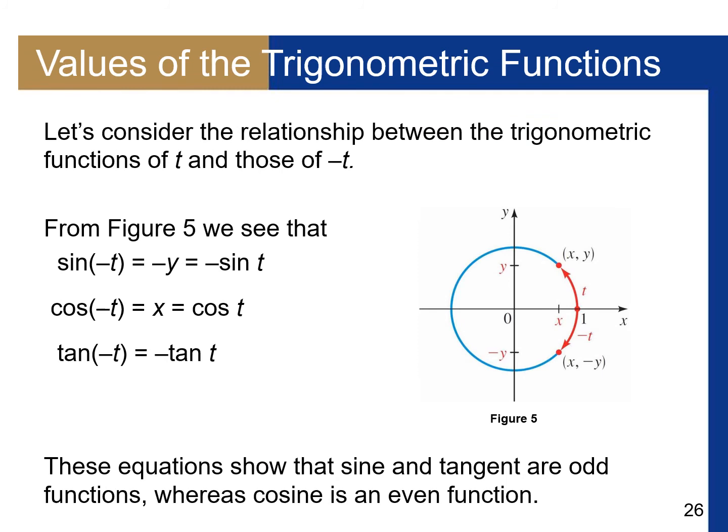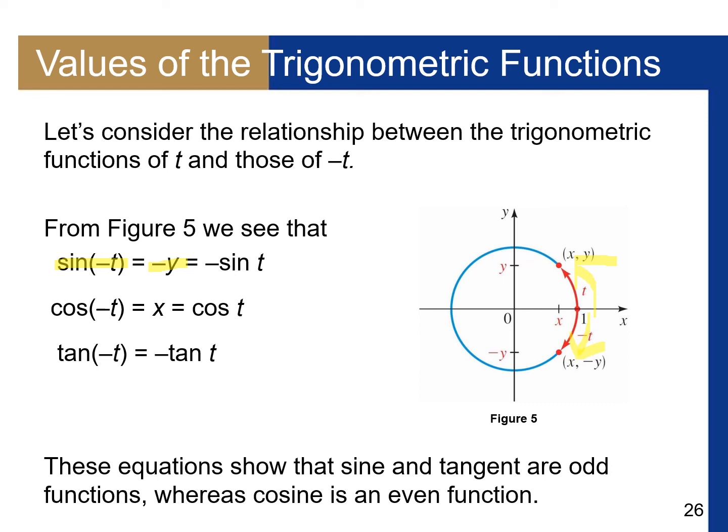So if we're going to consider the relationship between trigonometric functions and those of negative t, negative t means we're going into the clockwise direction. T means we're going into the counterclockwise direction. We will see that the sine of negative t is a negative y, which is negative sine t.